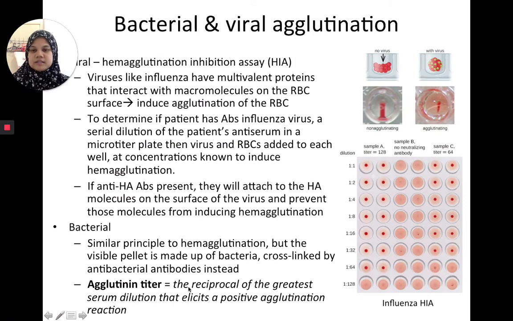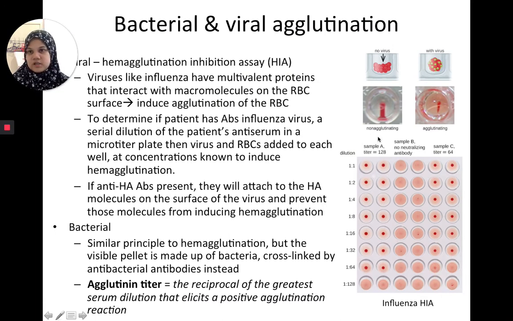So the agglutinin titer is the reciprocal of the greatest serum dilution that elicits a positive agglutination reaction. So let's look at this example for influenza, this agglutination assay. So we've got sample A, the titer is 1 to 8. This is the reciprocal of 1 to 8 because this is where you actually see the hemagglutination. Yeah, once the antibody is diluted 1 to 8, then you see agglutination.